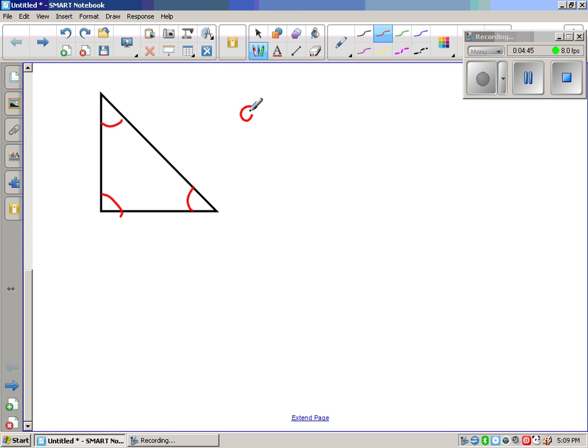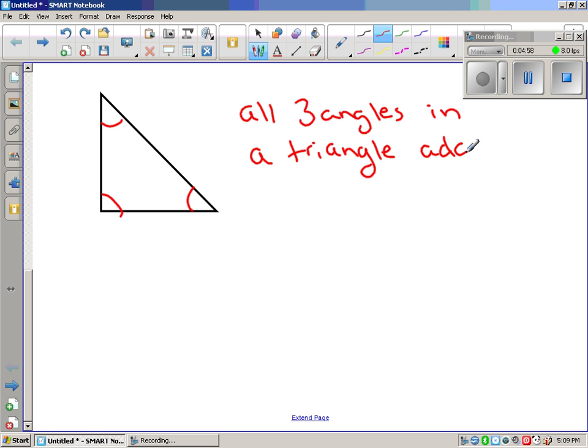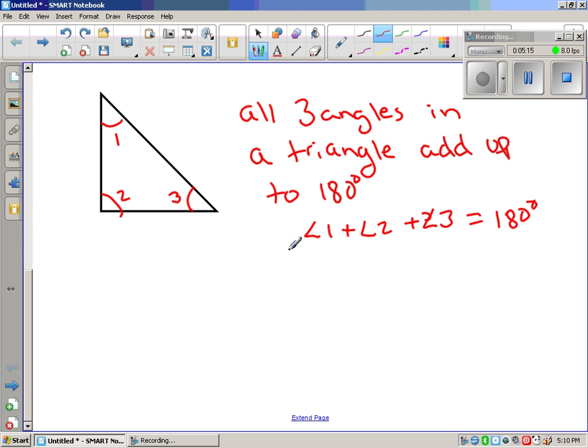So angle 1 plus angle 2 plus angle 3 equal 180 degrees.